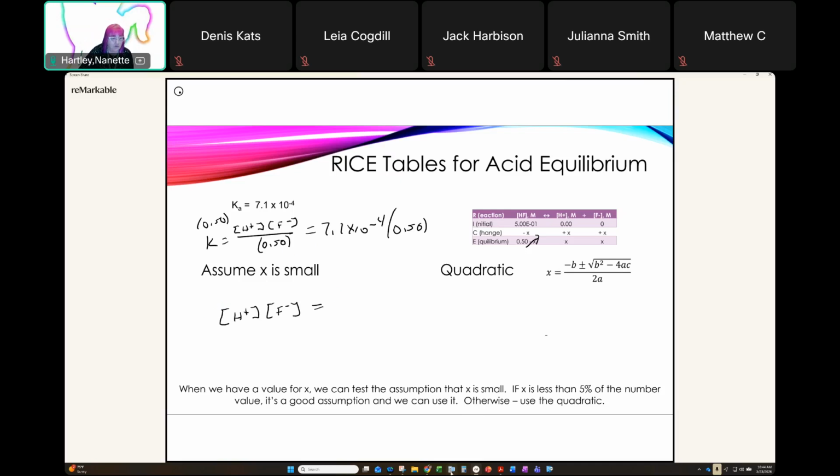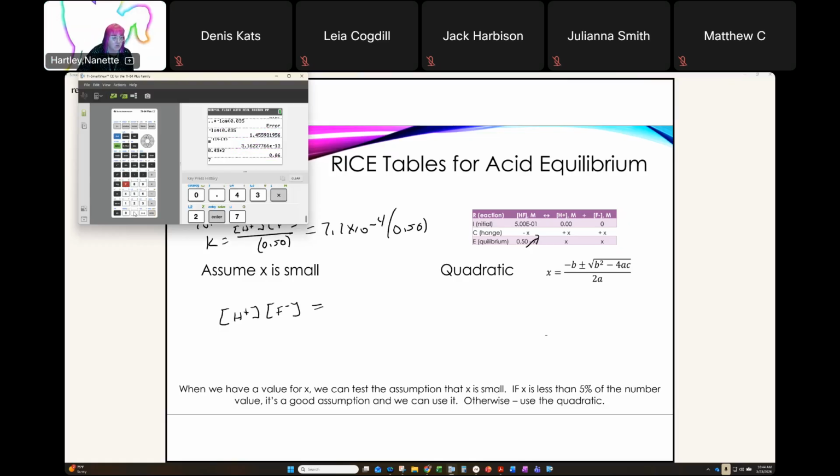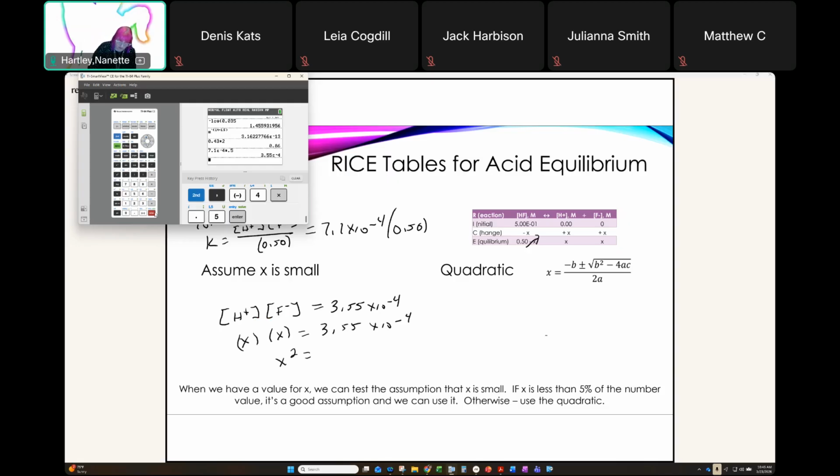And of course, if I do that on my calculator, 7.1 E negative 4 times 0.5 gives me 3.55 times 10 to the minus 4th. I also know that the H plus and the F minus that I have here are both equal to X. And so I can put in X for this and X for this, and that's equal to 3.55 times 10 to the minus 4. And so X squared is equal to that value.